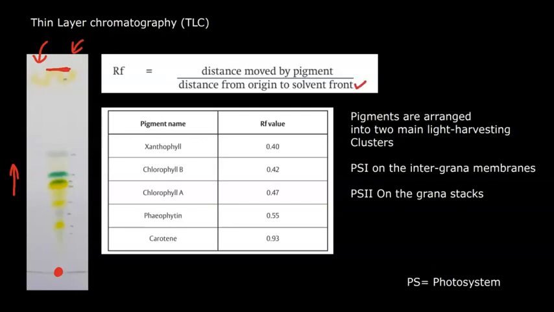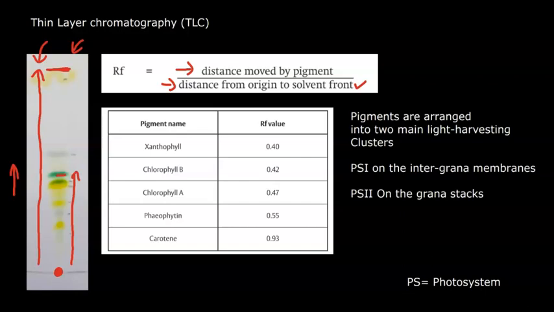So we have a distance from here to here, which would be the solvent front. And then there's a distance traveled by a particular pigment. Perhaps we'll select this one, and we can measure that distance as well, giving us the value to put here.